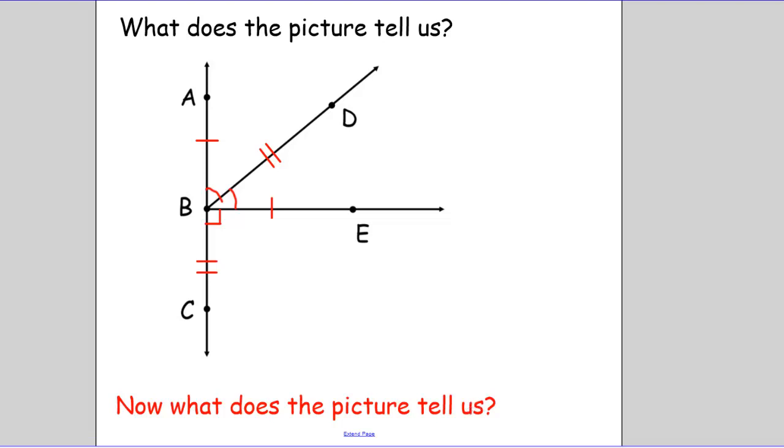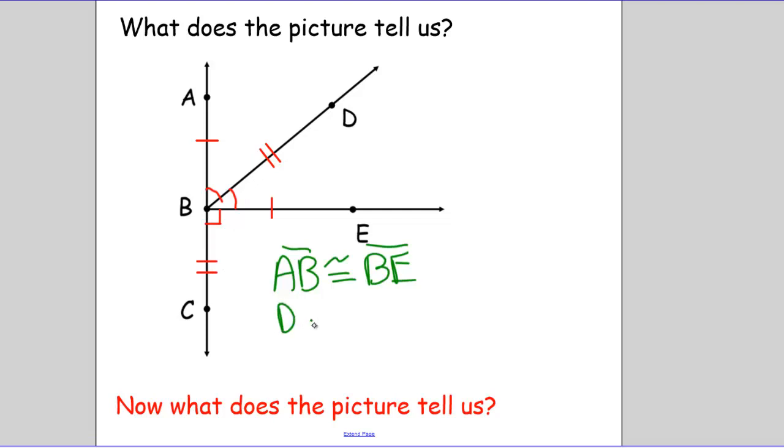And I've already started talking about some of the markings. Because AB and BE are both marked with 1, AB is going to be congruent to BE. Now, since BC and BD are marked with 2, those are the set that are congruent.